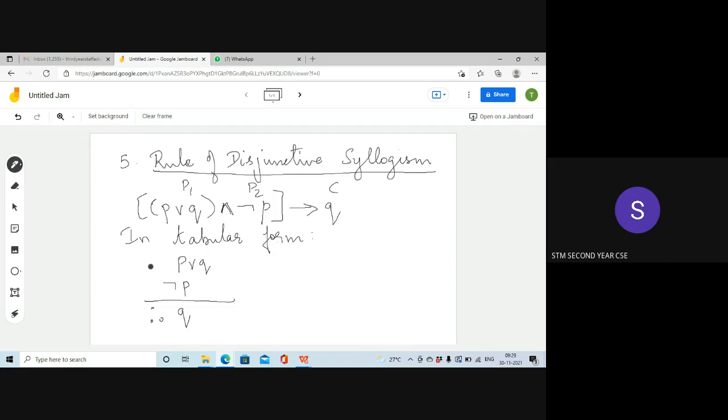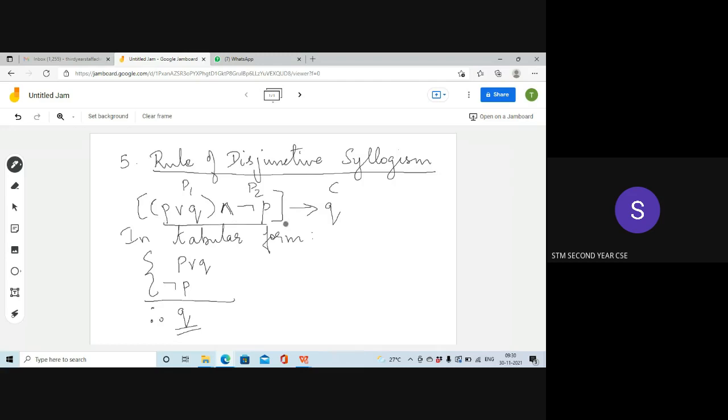While proving statements, if you have statements in this form, then you can write Q. From these two steps, you can conclude Q, just like we proved earlier with modus ponens and the others, step by step. You should write the name of the law, that is, the rule of disjunctive syllogism.